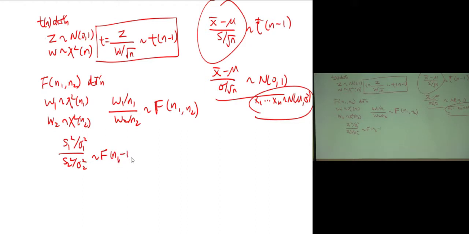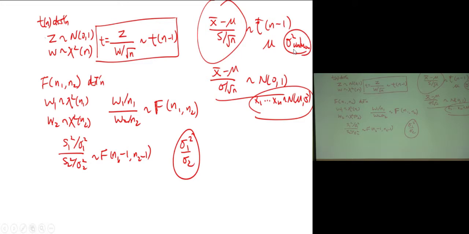All this is just to lay down the groundwork for us to do inference about sigma 1 square over sigma 2 square. This one is for us to do inference about this quantity, and this one is for us to do inference about mu when sigma square is unknown and we have to estimate it. So, t distribution and F distribution.